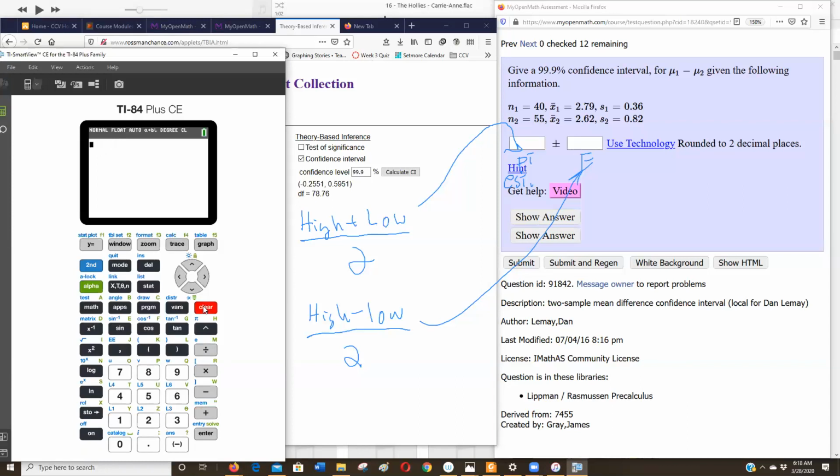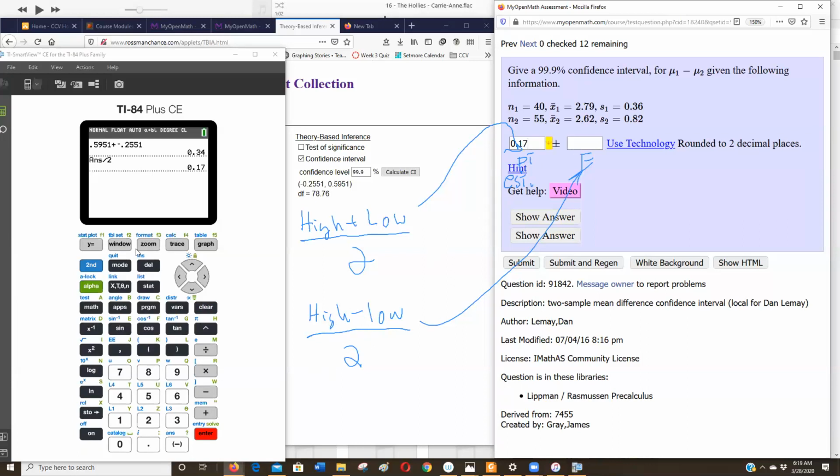Tell you what, I'll do it the way I wrote it in the formula. 0.5951 plus negative 0.2551, and then I'm going to divide that by 2. So that tells me the point estimate of the difference between the two population means is 0.17.